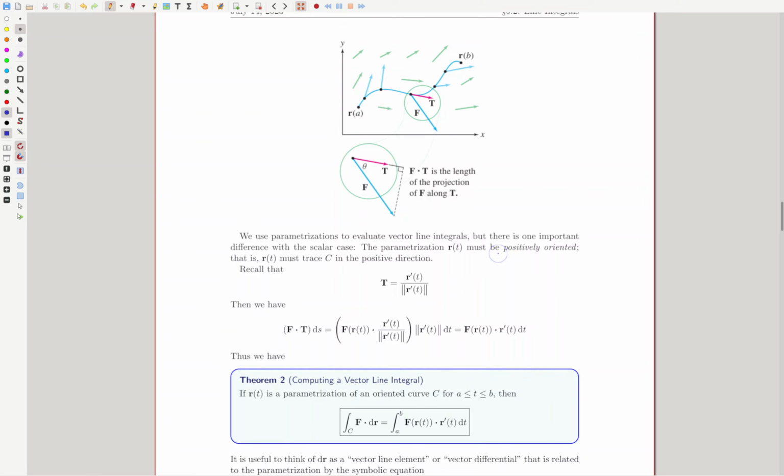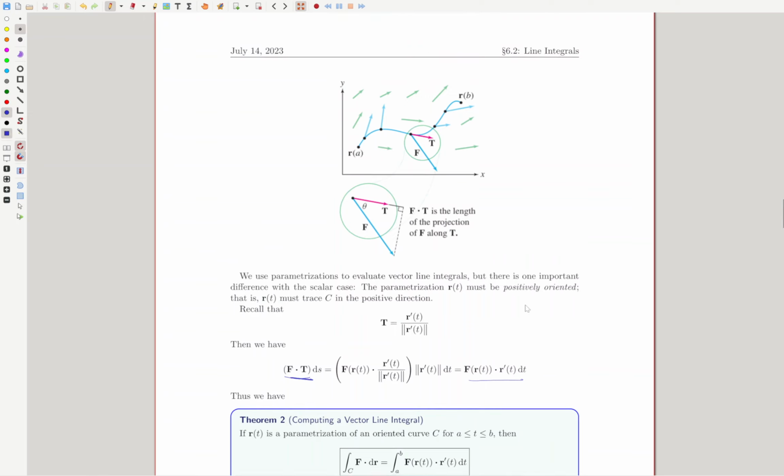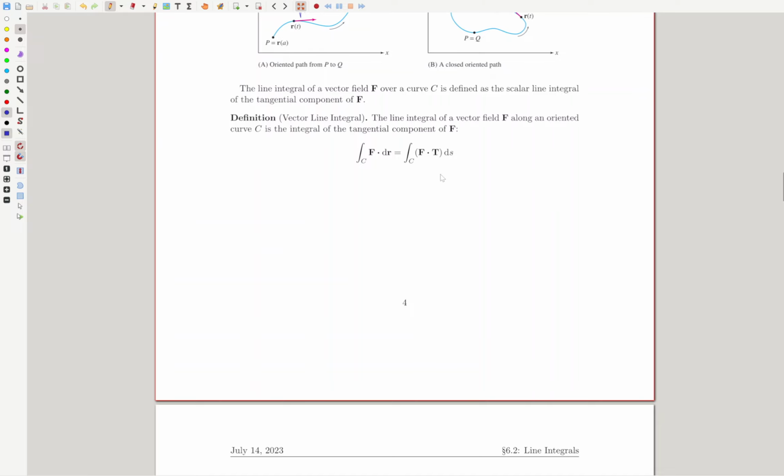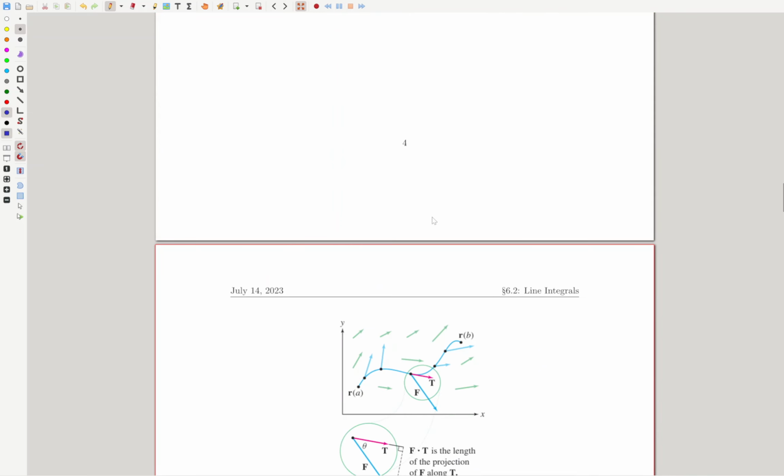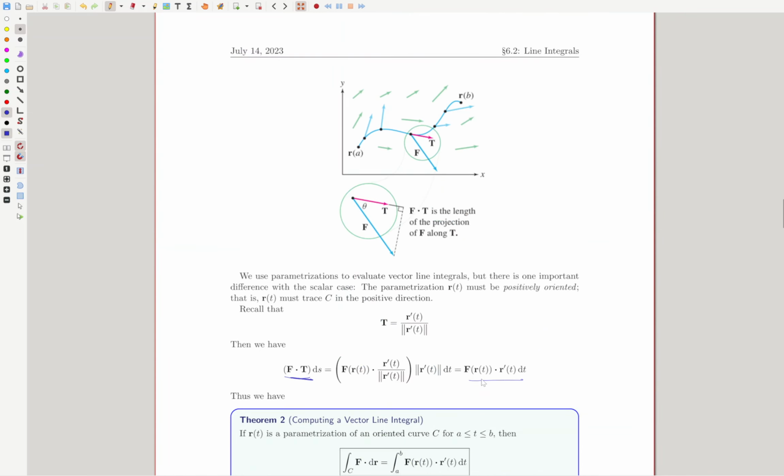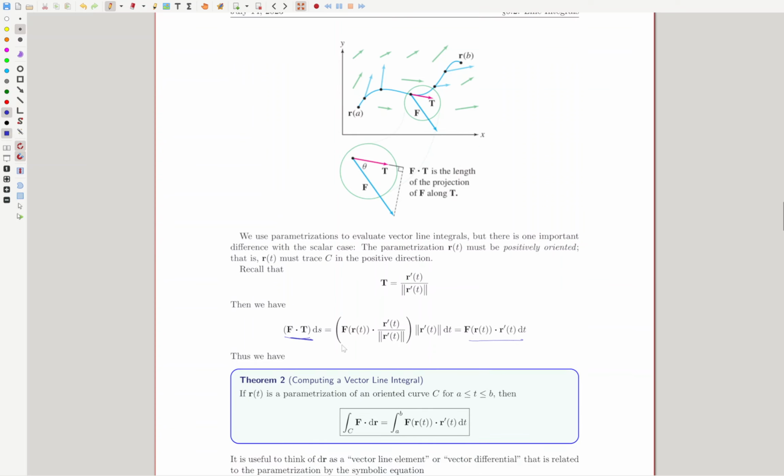And I'm writing down a justification for why this quantity ends up equaling this quantity, so that we can then use this formula instead of, well, this formula still looks fine, but in practice you'd end up using the parameterization. So just noticing that this unit tangent vector is this, right?